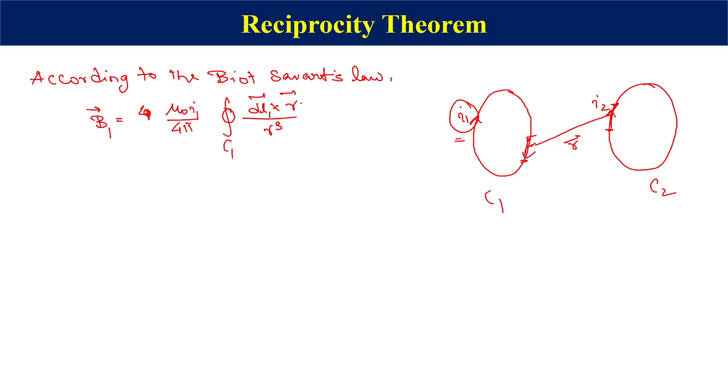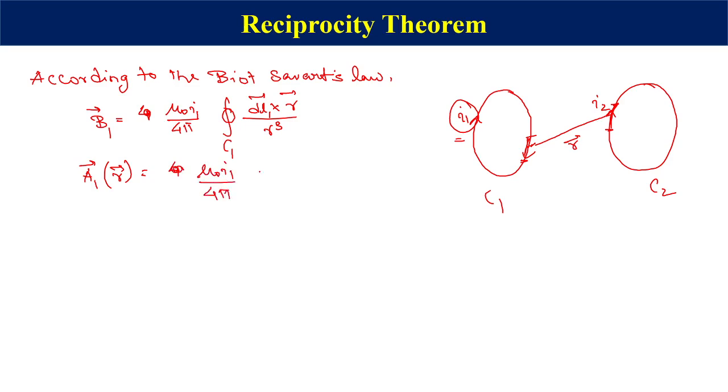Now alternately, there is a concept of magnetic vector potential, which for this particular circuit is A1. Both are, by the way, functions of R. You need not write it, but it's already understood. So A1 equals mu naught I1 by 4 pi.